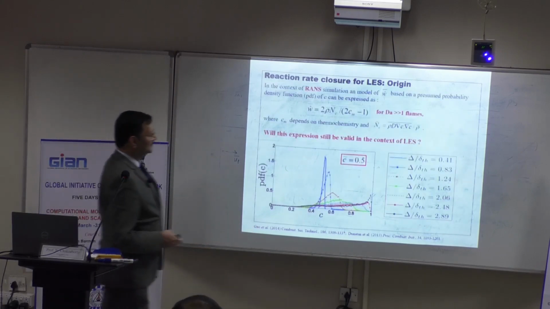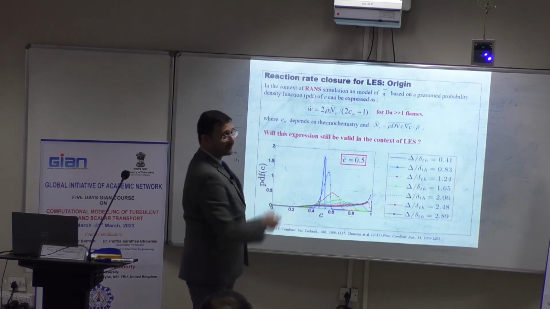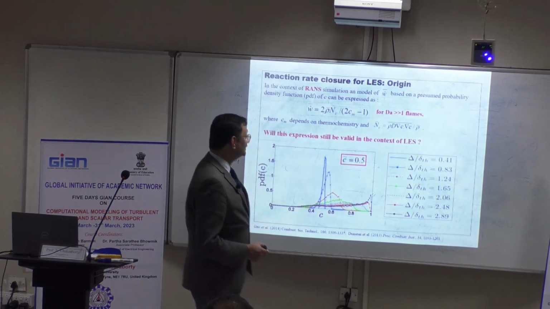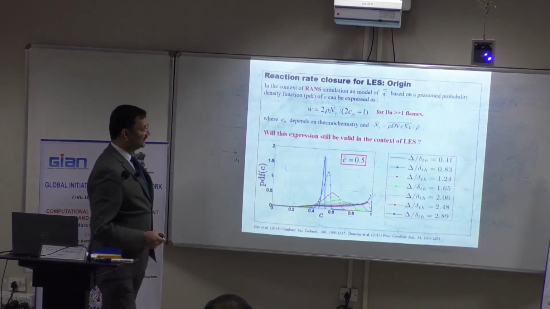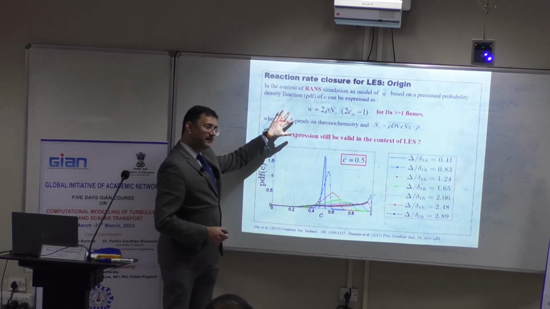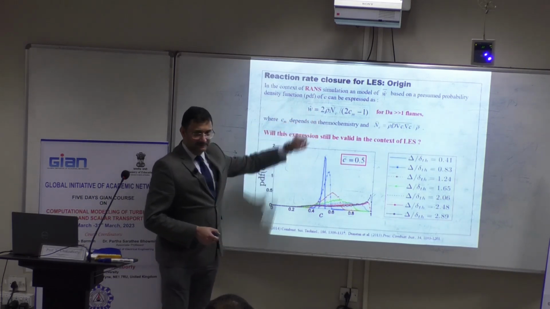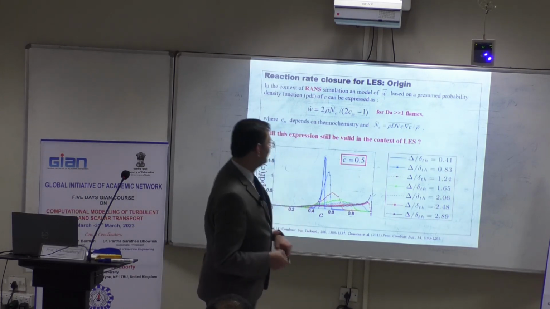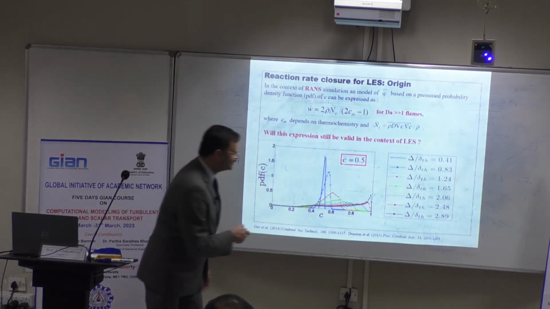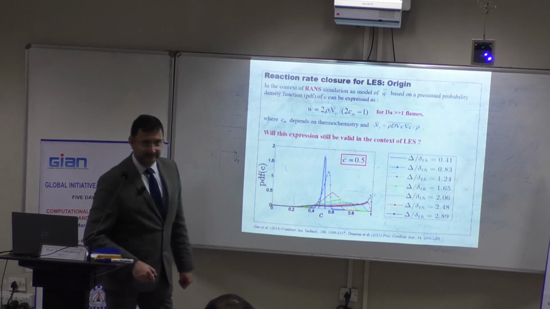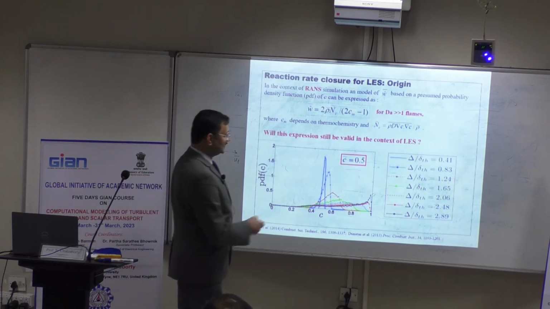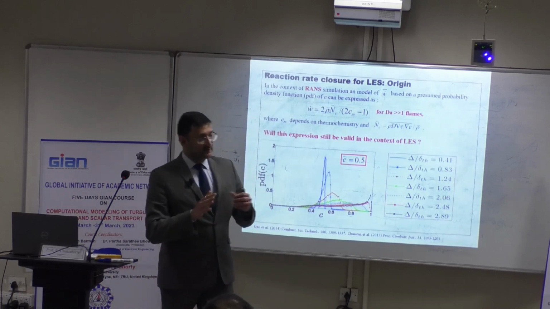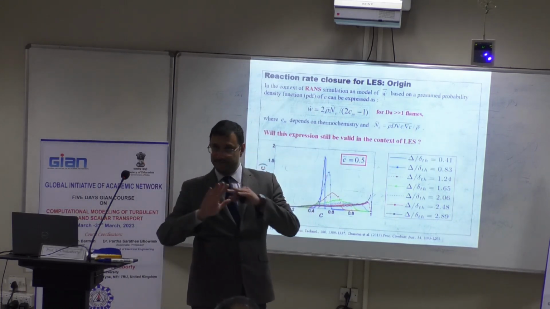Now, we showed that this expression remains valid in the context of RANS. Does it remain valid in the context of LES? Please remember, originally this expression was derived for a bimodal PDF. Now, if I look at a Favre filtered value of C equal to 0.5 and look at the PDFs for different filter widths, please remember, filtering is a convolution operation.